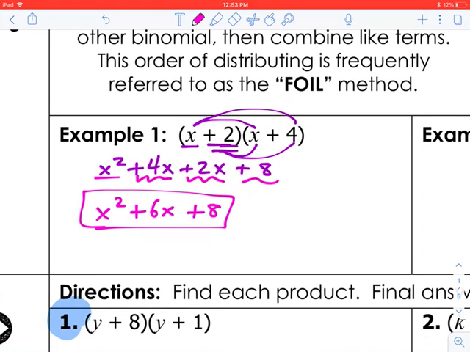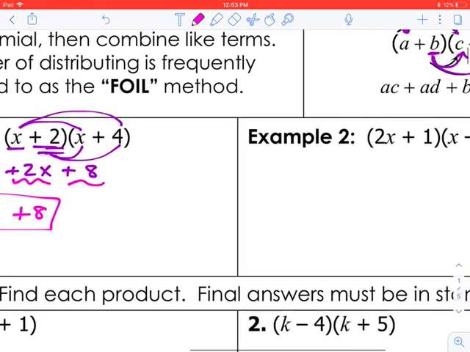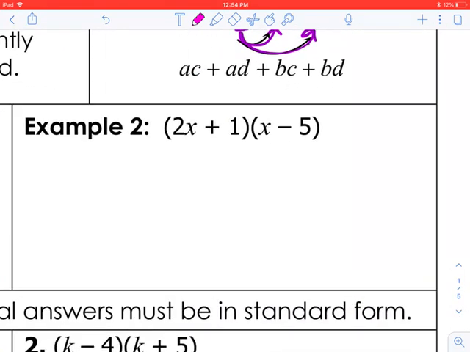Okay? So for example 2, we're doing the same thing. I've got 2x to start. So 2x times both of these, 2x times x is 2 times 1 is 2, x times x is x squared. And then 2 times negative 5 is negative 10x.